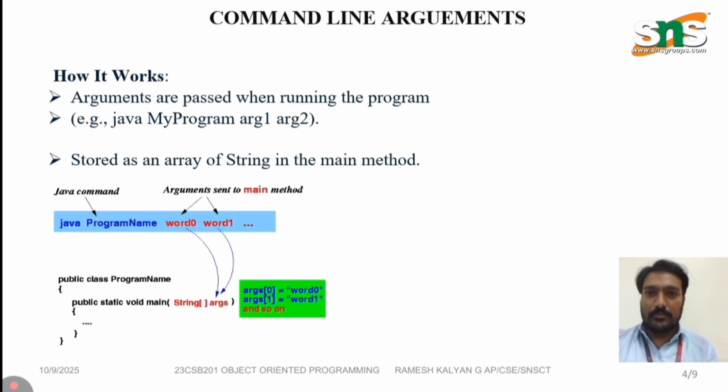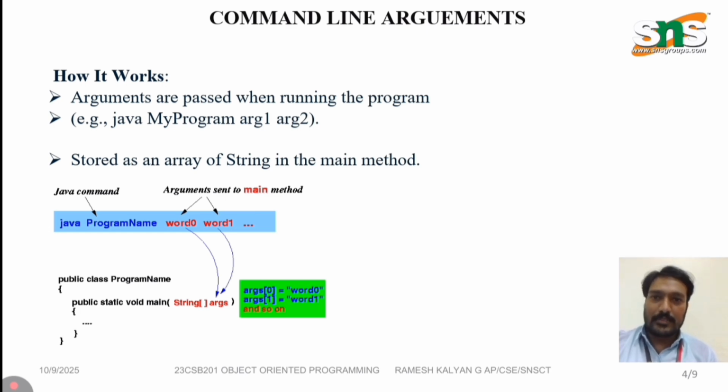So how does it work? We saw what a command line argument is, how to use it, why to use it, and what its features are. Now, as we saw previously, the Java program name is saved as program name. So: java program name space word 0 word 1. Here 0 and 1 indicate the arguments.